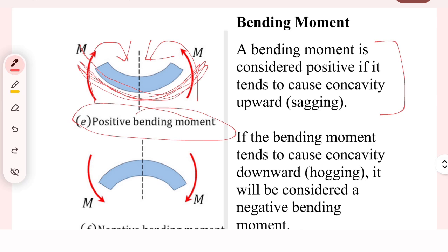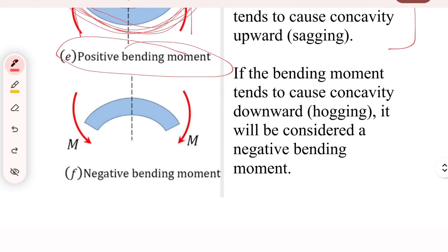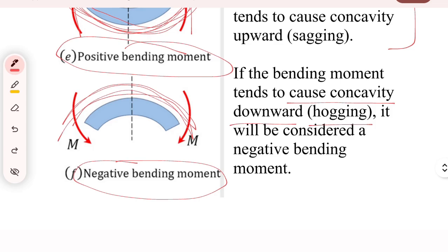Now, when will it be a negative bending moment? It is a negative bending moment if it would cause concavity downward or hogging. As you can see in here, it causes the object to form like this.